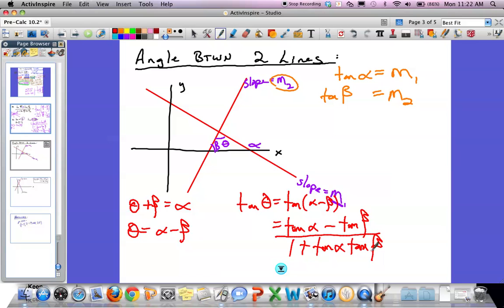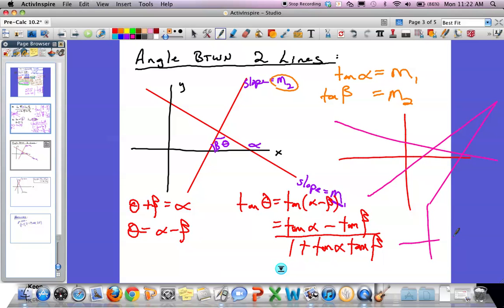Now I do hope some of you are thinking, when two lines meet, let's exaggerate it a little bit more than what we have up there. Oh my goodness, I kind of did.